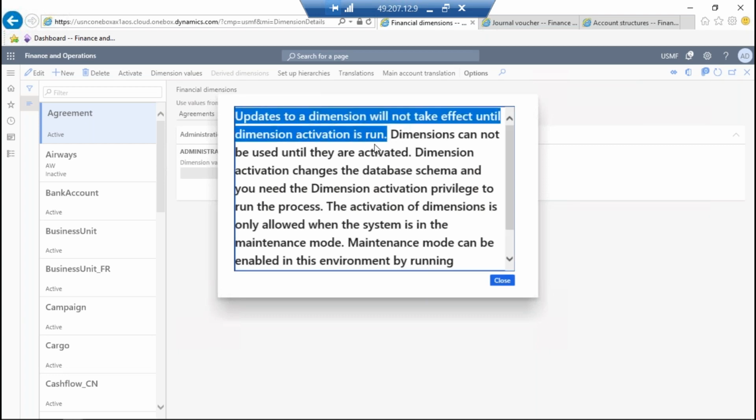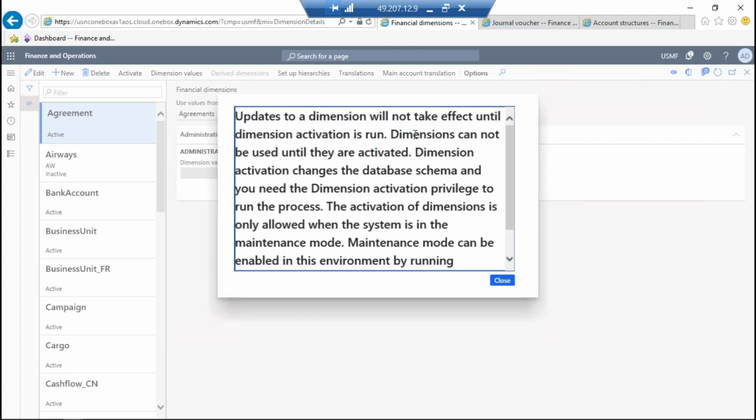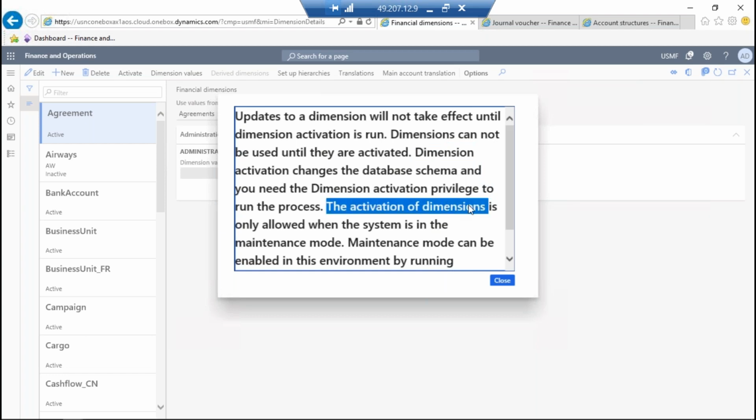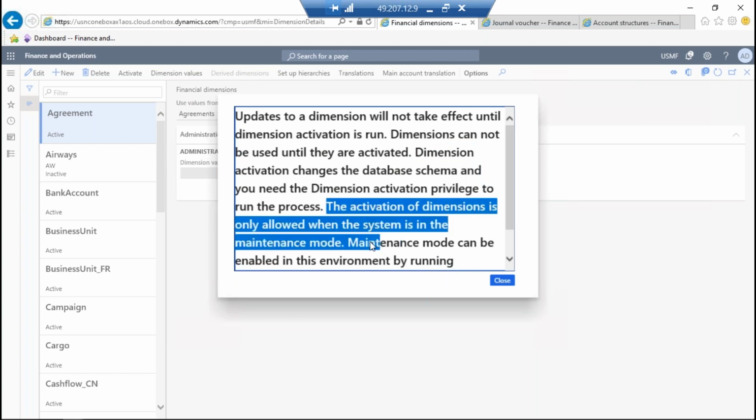This activation cannot be done normally. Dimensions cannot be used until they are activated. Once activated, then only you can use them. Dimension activation changes the database schema, and you need the dimension activation privilege to run the process. So this activation process is allowed only in maintenance mode.